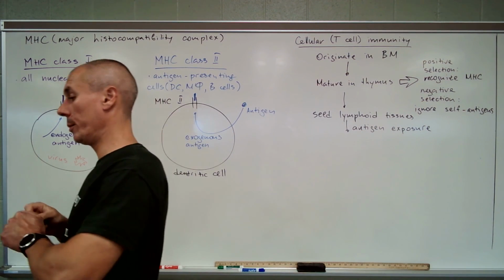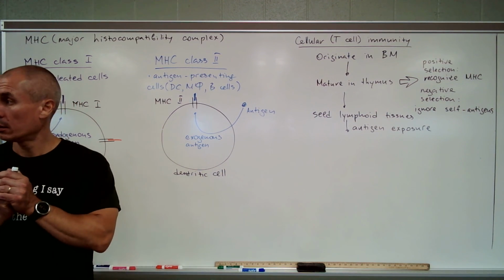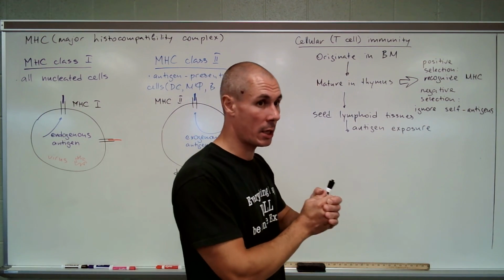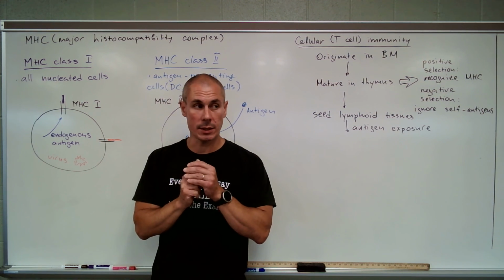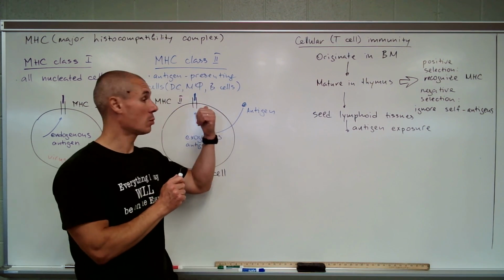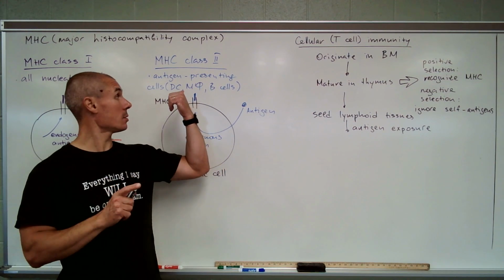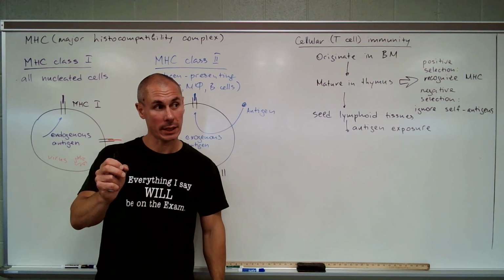This is the crucial moment. I just told you, but I'm checking if you're listening. Can T cells recognize the antigen directly? No, they can't. This is why I pointed your attention to this. They can't recognize the antigen directly.